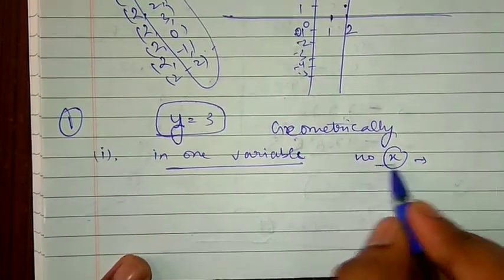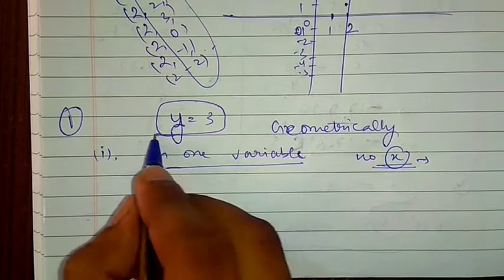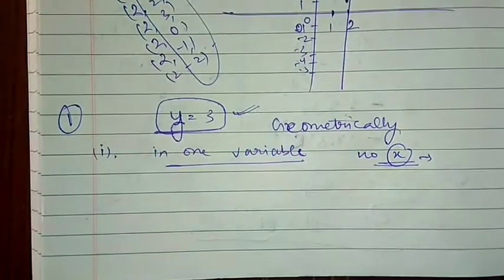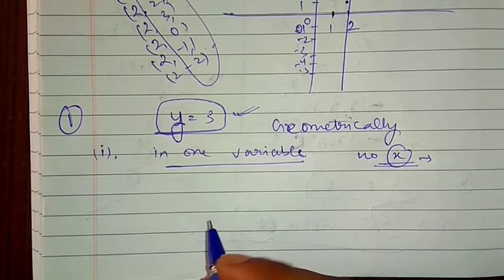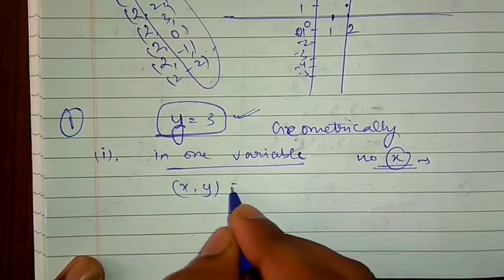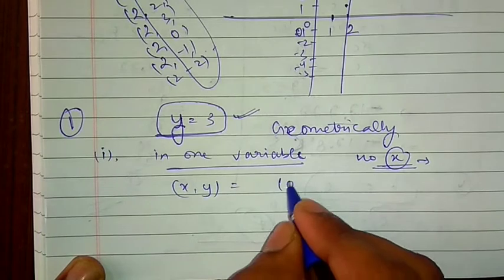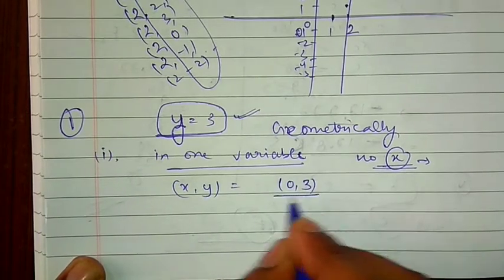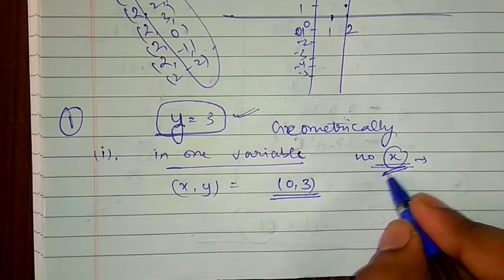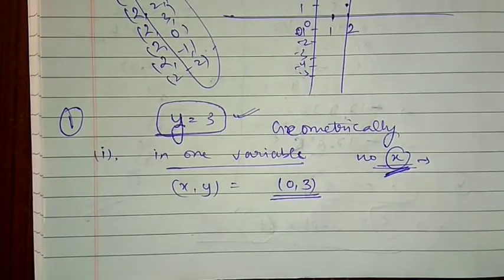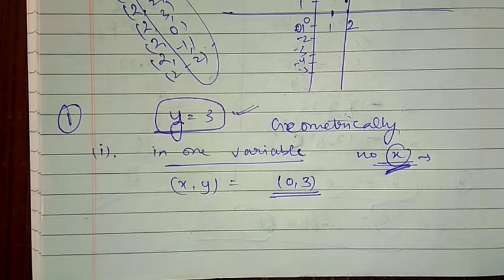When we have no x and only y, this is represented by x comma y is equal to 0 comma 3, because the value of x is nothing, that is equal to 0.